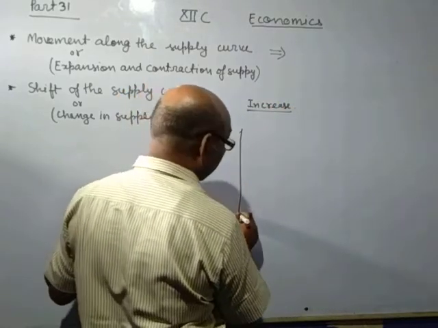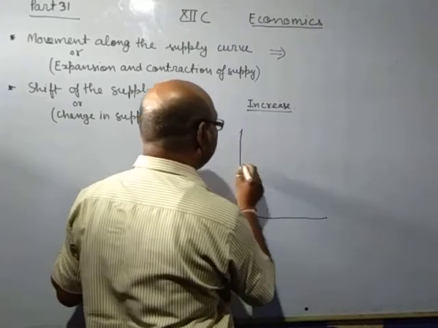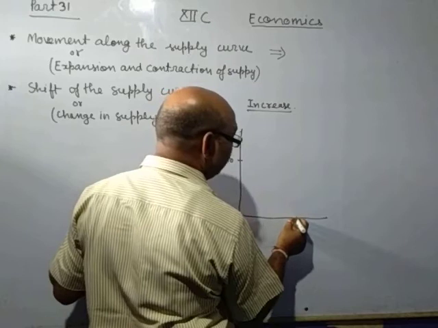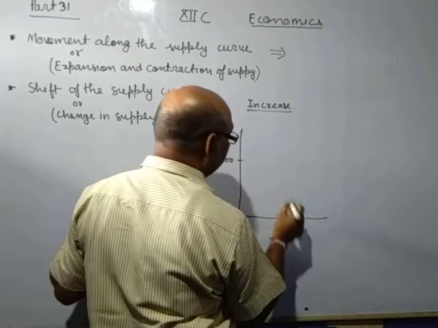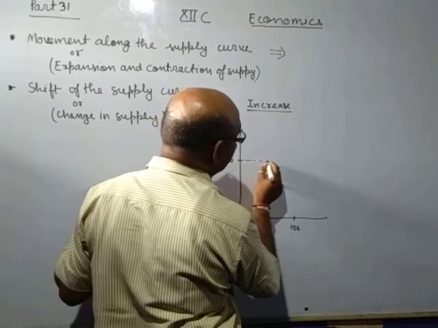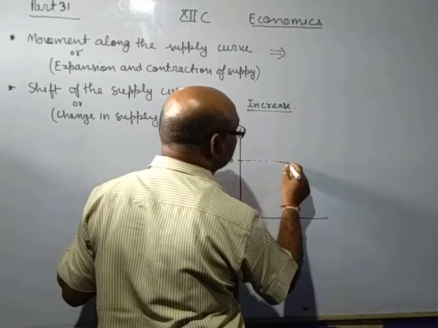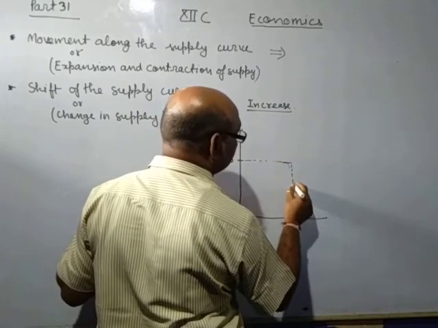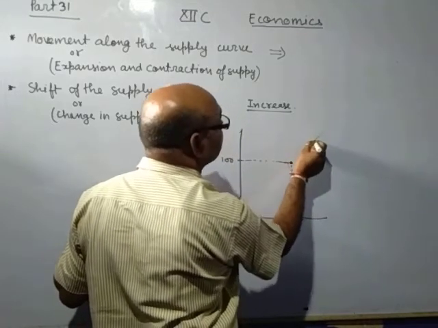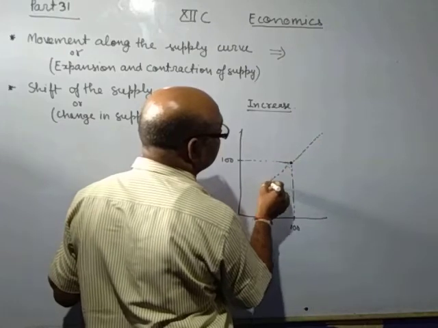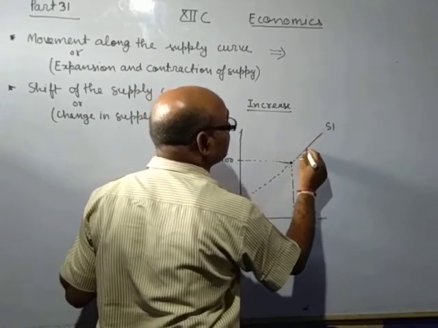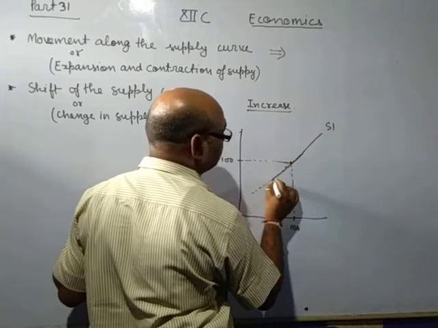Suppose here the price is 100 and supply is also 100. So this is the supply curve S1.